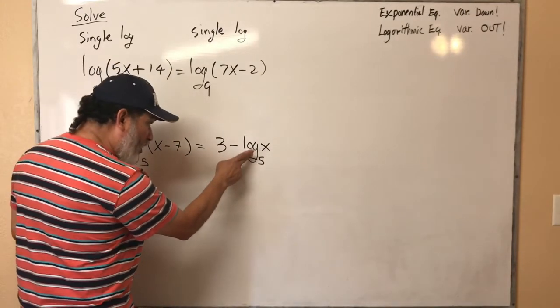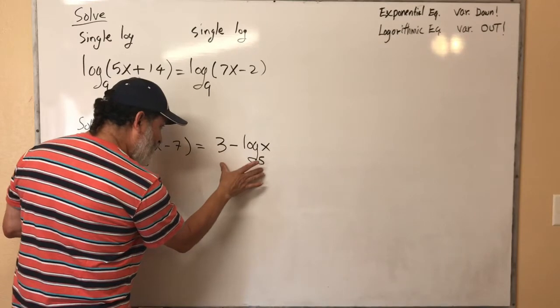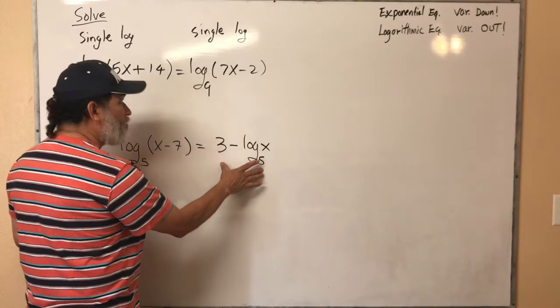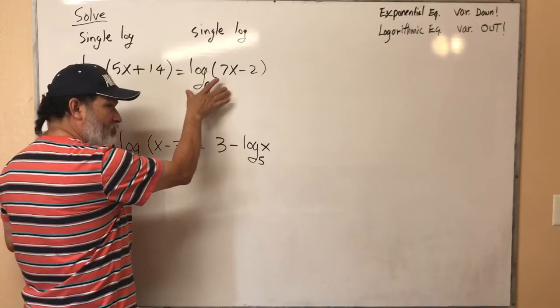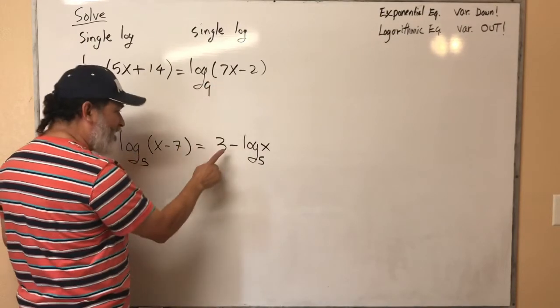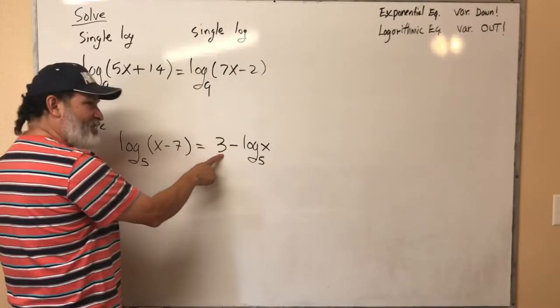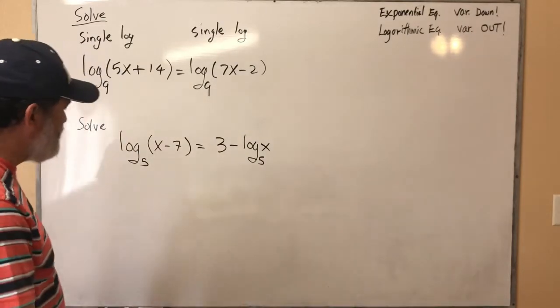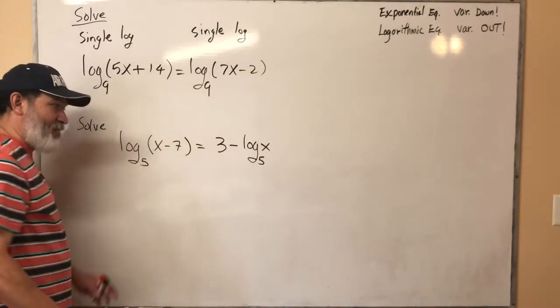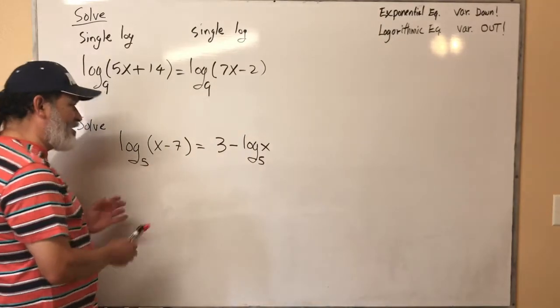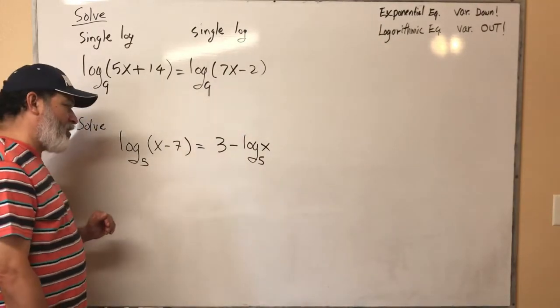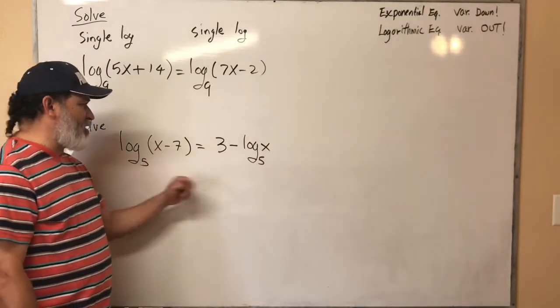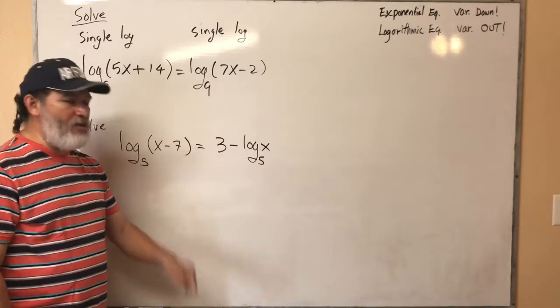This log is not by itself. Here, this log is by itself, isolated, not here. The 3 is in the way. No problem. Whenever you have this case, I cannot say x minus 7 equals x because of this 3.